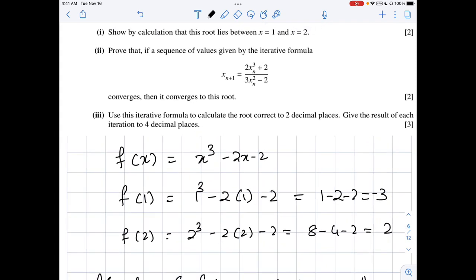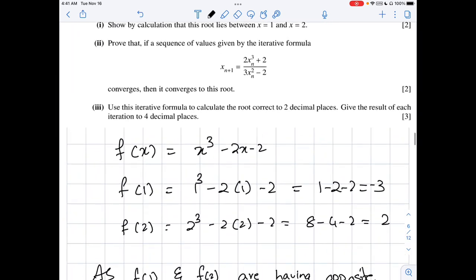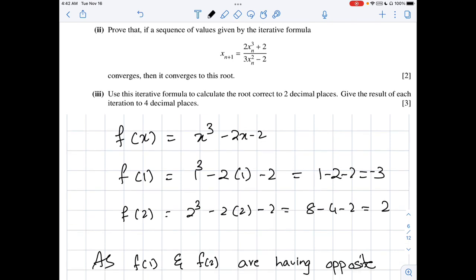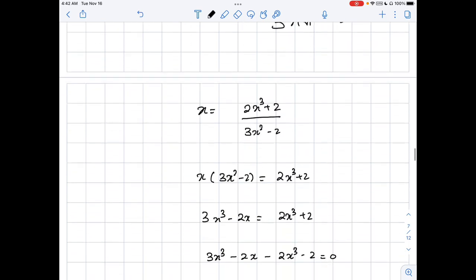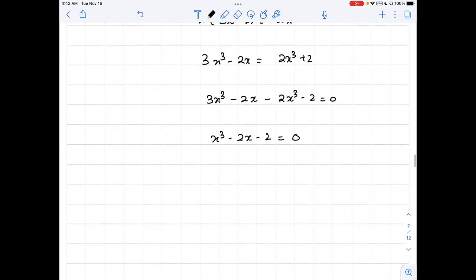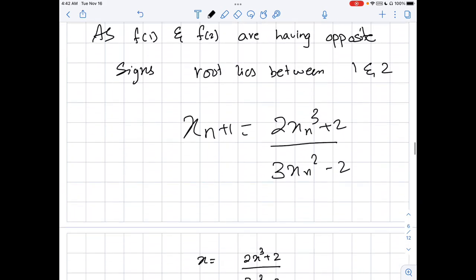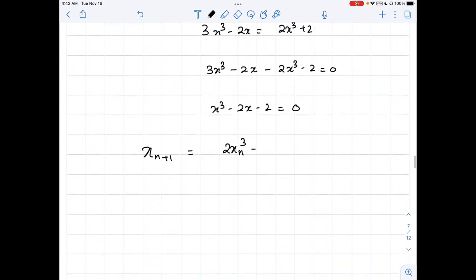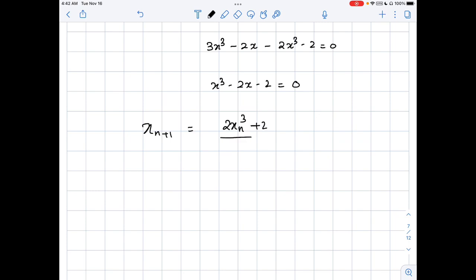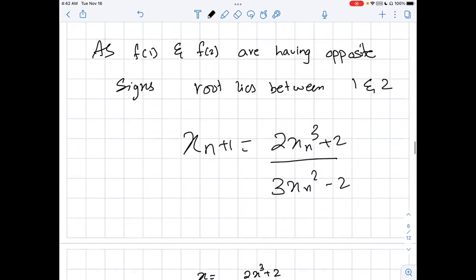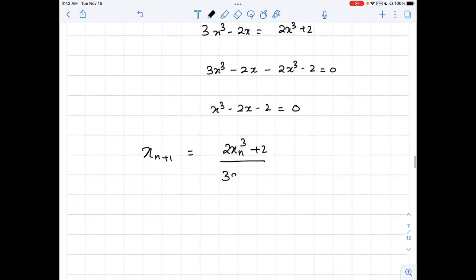Use this iterative formula to calculate the root to 2 decimal places. Give the result of each iteration to 4 decimal places. The iterative formula was x n plus 1 is equal to 2xn cube plus 2 divided by 3xn square minus 2.